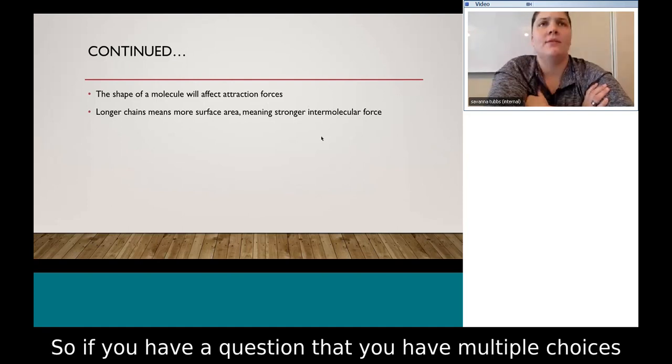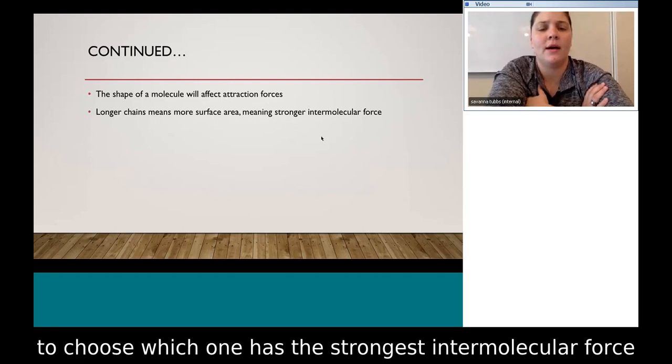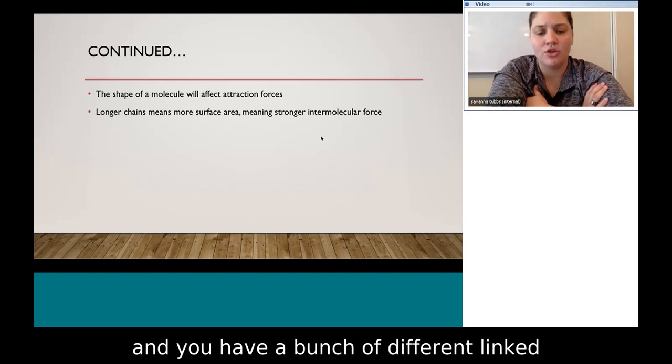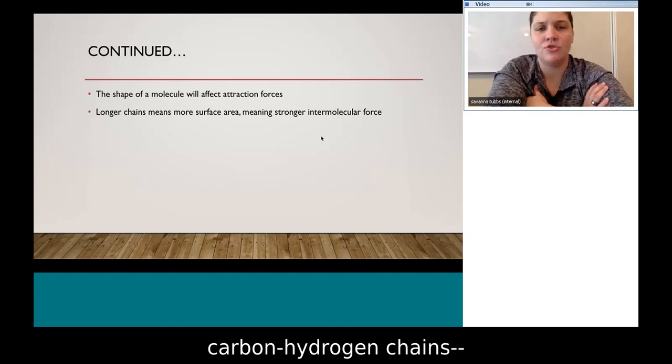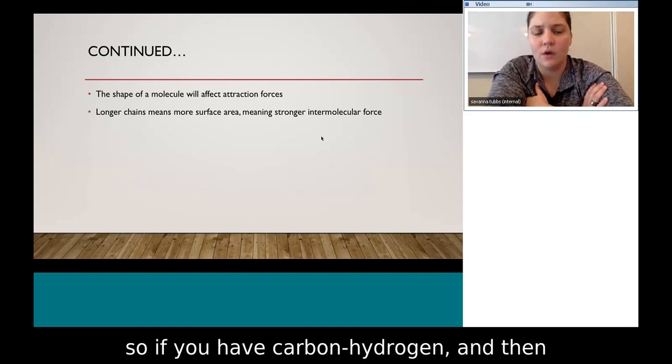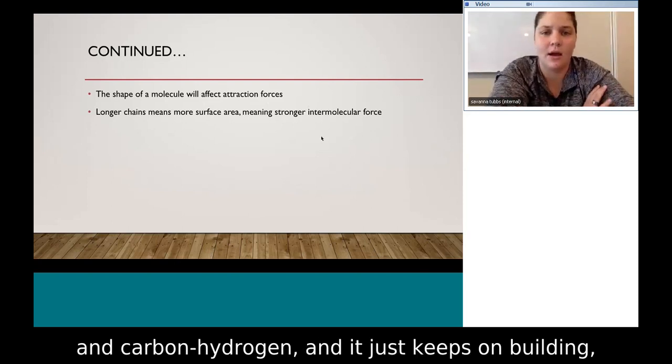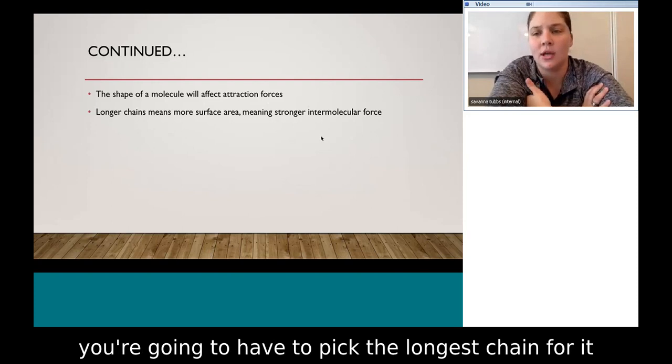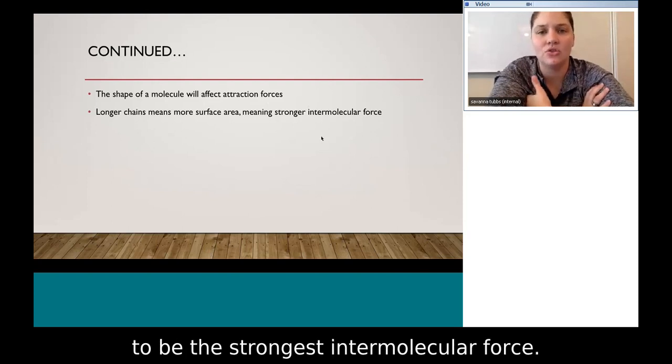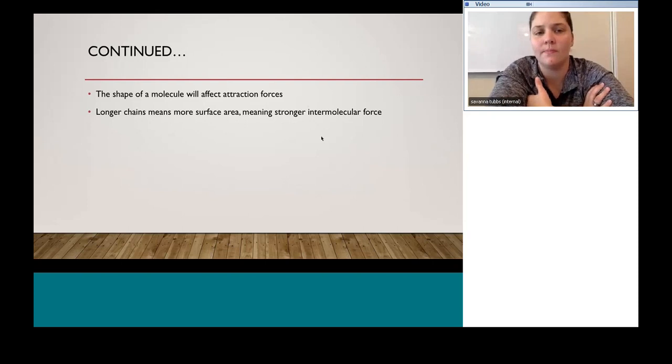So if you have a question with multiple choices to choose which one has the strongest intermolecular force, and you have a bunch of different length carbon-hydrogen chains, you're going to have to pick the longest chain for it to be the strongest intermolecular force.